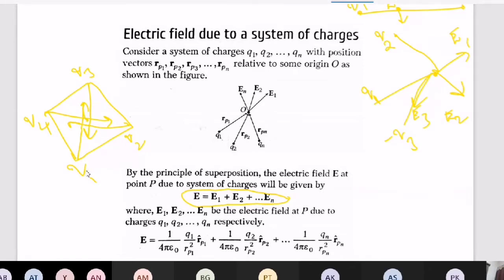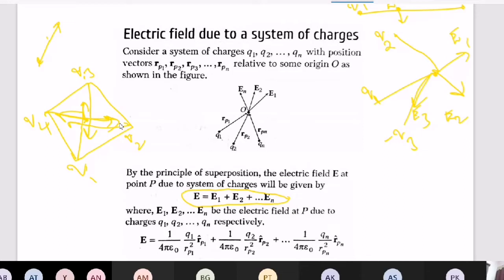Now these two, if you consider Q1, Q3, they are in opposite directions. So the resultant will become either E1 minus E3 or E3 minus E1. If E1 is greater, E1 minus E3. Similarly, due to Q2 and Q4, upward E2, downward E4, then E4 minus E2 or E2 minus E4 it will become.